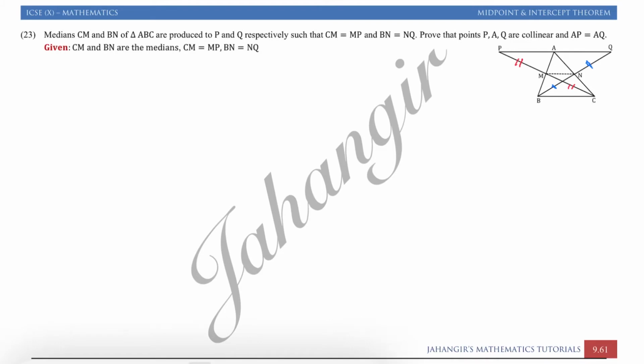So everything is already given in the question. So we will start with triangle ABC. In triangle ABC, M and N will be the midpoints of AB and AC respectively, because CM and BN are the medians. That I need to write.